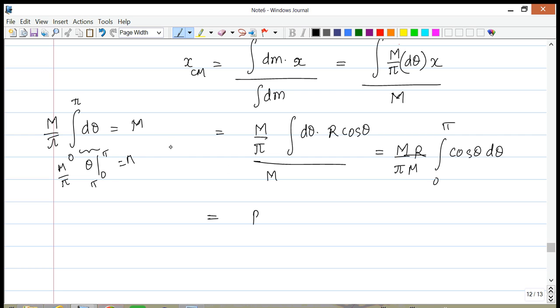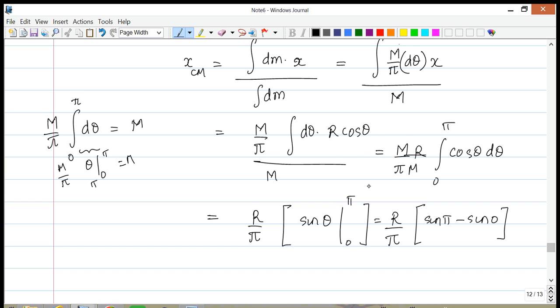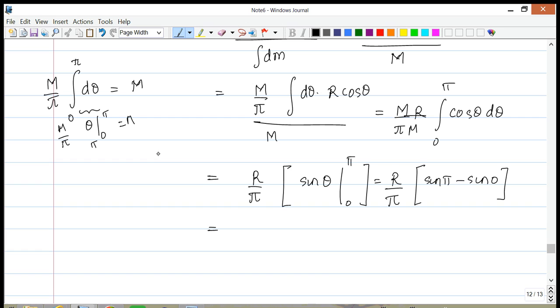So this becomes r over pi times the integral of cosine theta, which is sine theta evaluated between the two limits. This becomes r over pi times sine of pi minus sine of 0. Sine of pi is 0, sine of 0 is 0, and this gives us the answer 0, which is what we expected.